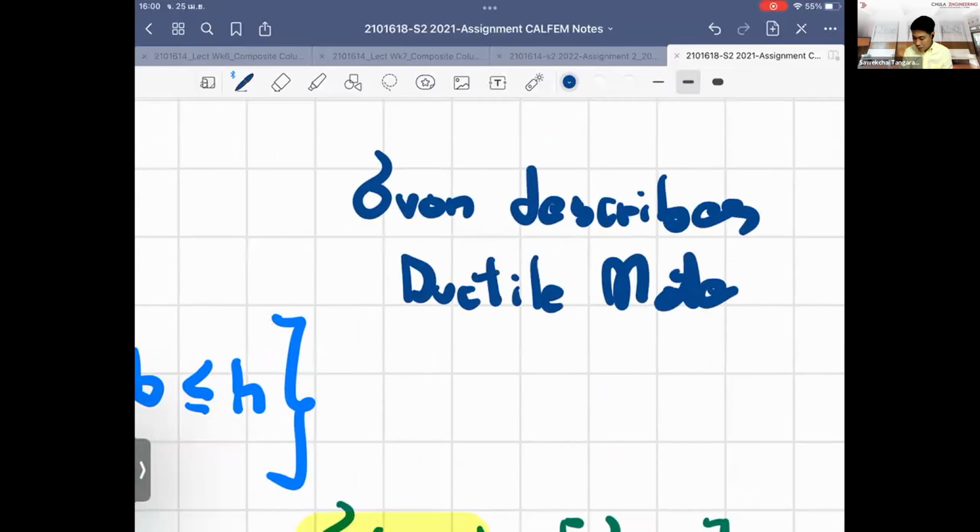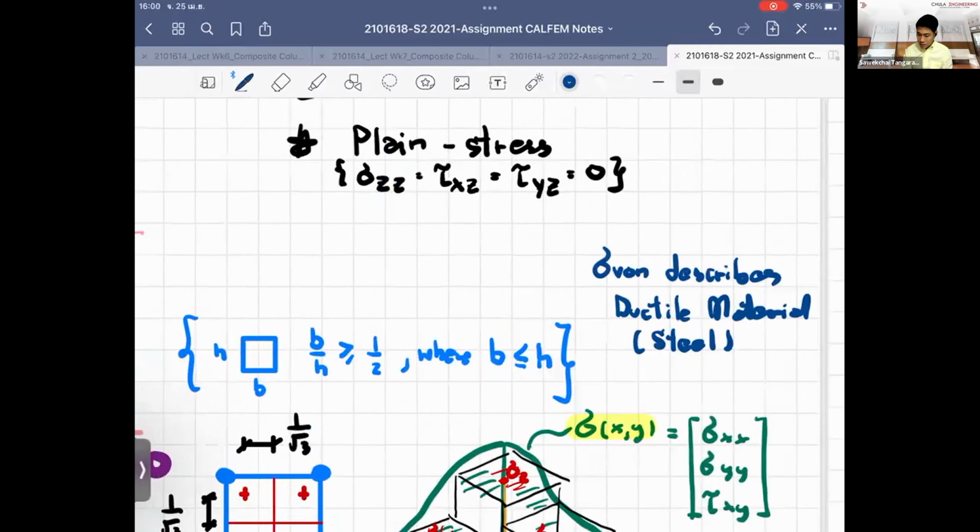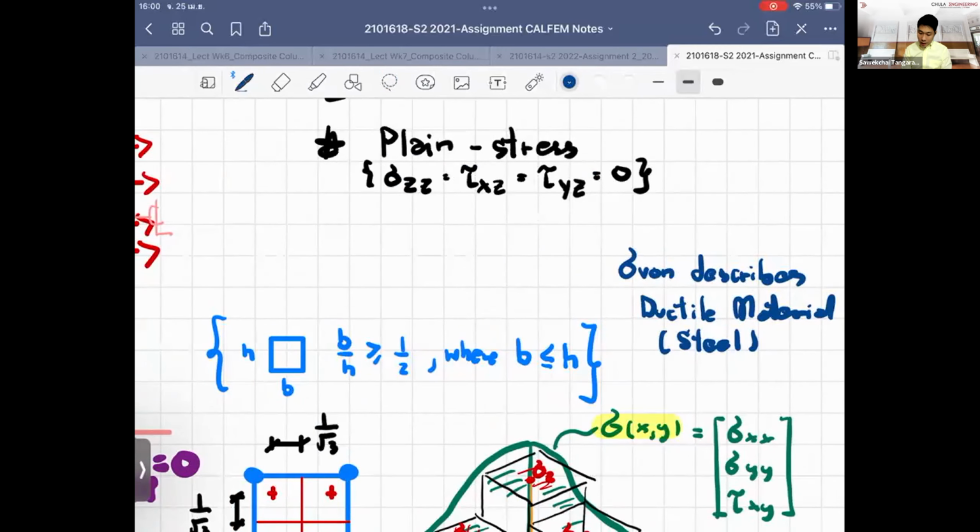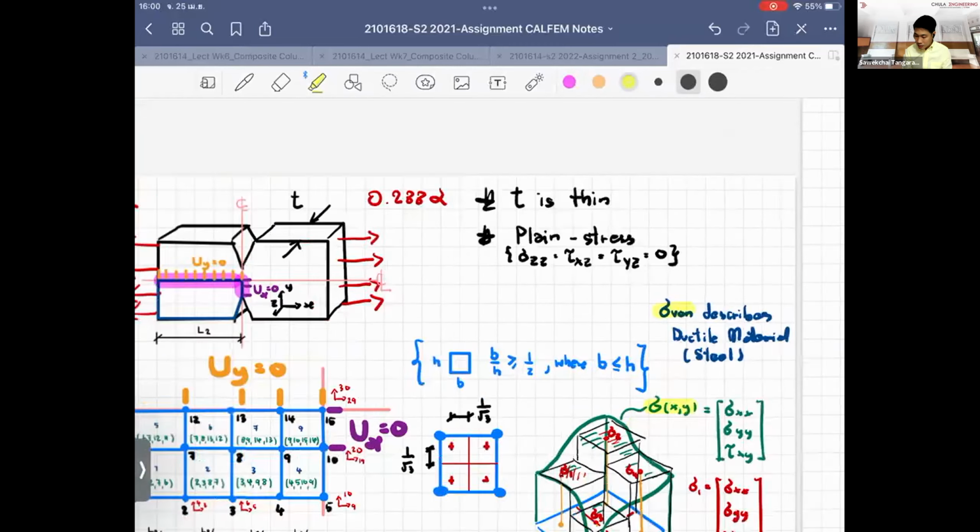One example of a ductile material is steel. It's used in describing the behavior of steel, right? And it gives the formulation of the von Mises stresses.